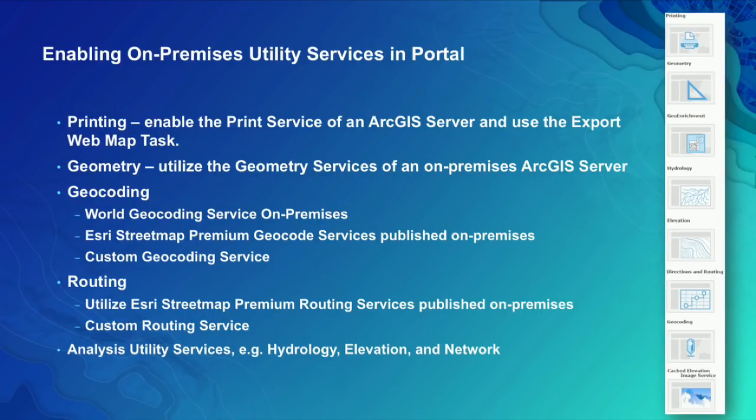But also some things to think about depending on what your organization does is if you have your own unique geocoding services. With the customers that Bill and I deal a lot with, things like MGRS is important, so wiring that into our portal. But maybe if you're a utility and you have a unique ID for assets and you want to be able to search by that within your portal, you can wire that in and make that configuration as well. All right, so all these utility services going beyond, routing, hydrology, elevation, network are all things you need to think about configuring for your portal if you want to have it fully capable for your environment.